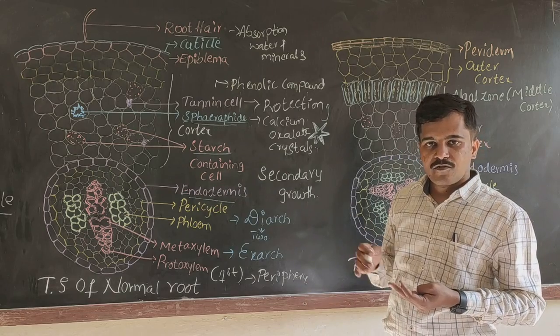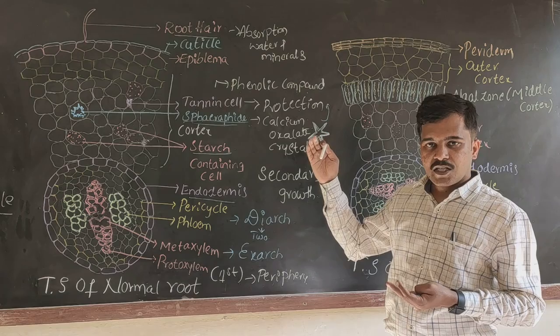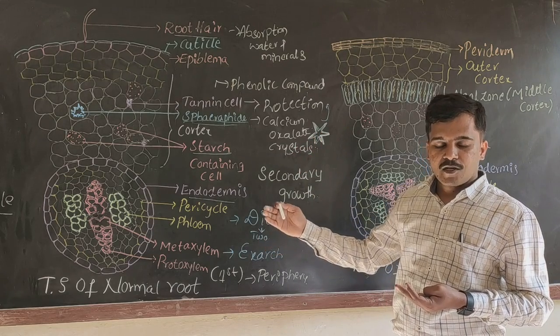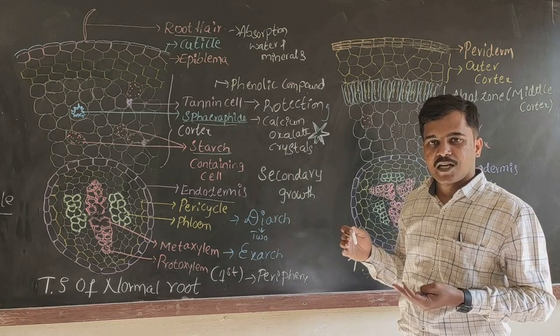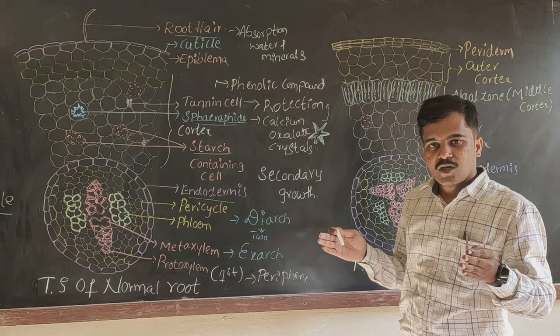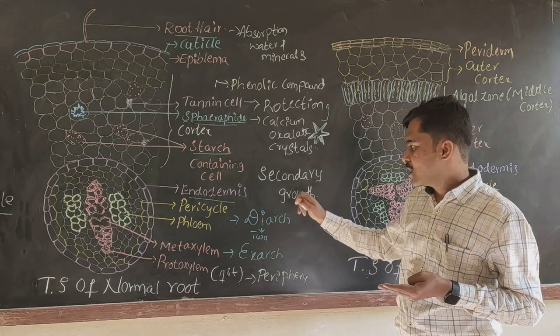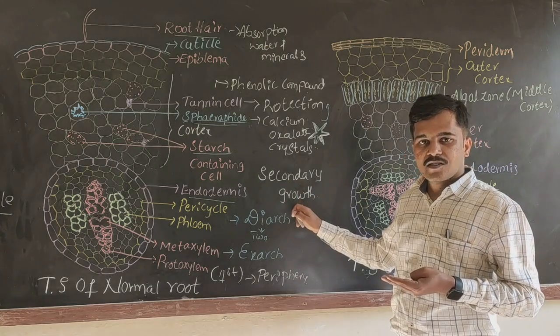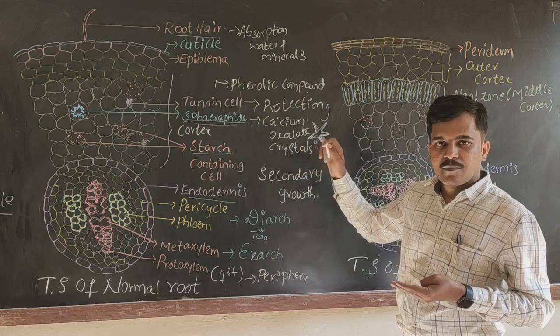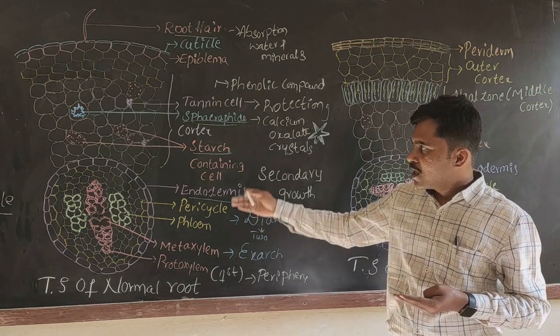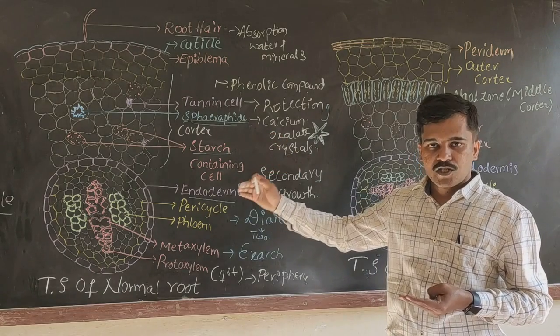Because of the formation of phellem and phelloderm, and of secondary xylem and secondary phloem, the girth of the root increases. This process is known as secondary growth. Secondary growth mainly occurs because of the activity of cork cambium and vascular cambium. So this is about the anatomy of normal root system.